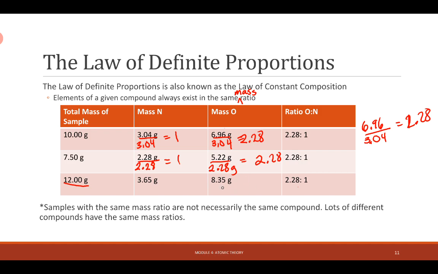So how you can figure this out is if you take 12.00 grams and you multiply by your mass of 1 over the total. The total of this is 3, so that's like saying if you have 1 part oxygen and 2 parts nitrogen, you have 3 parts total. But really this is 2.28 parts of oxygen for every 1 part of nitrogen, which equals 3.28 parts overall.